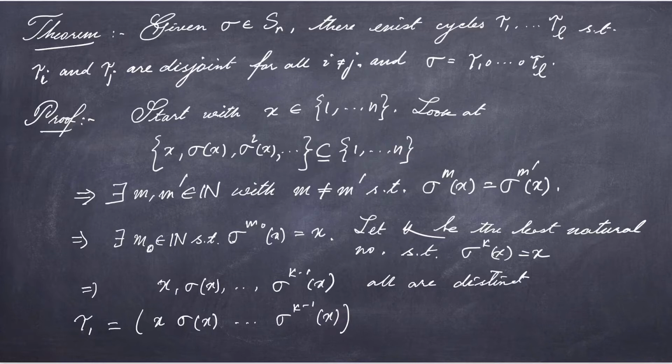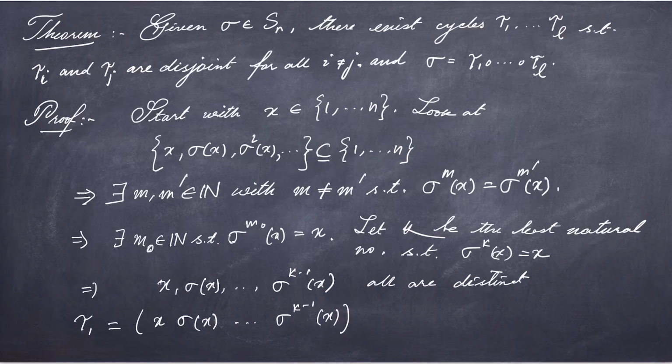From this we get a positive integer m naught such that sigma to the power m naught x equals x. It's very easy to see. For example, if m is bigger than m prime, apply to both sides sigma to the power m minus m prime. Then m minus m prime will be the choice of m naught.